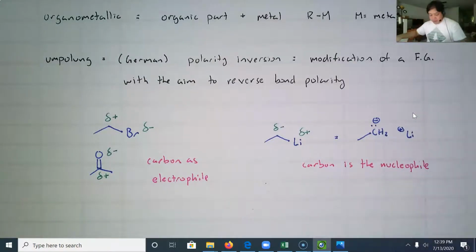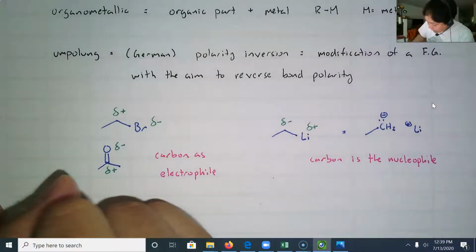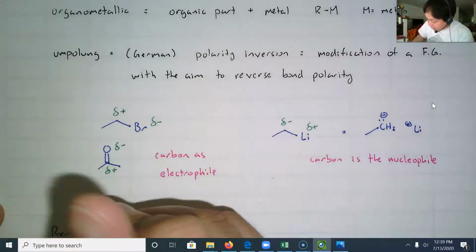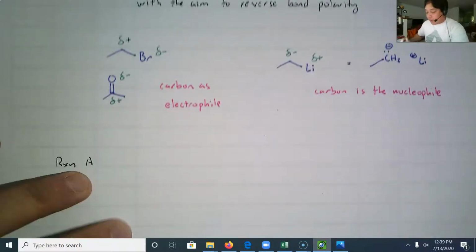Okay. All right, so let's get to our first reaction, which is the synthesis of a Grignard. And actually, we're going to put both the synthesis of a Grignard. Let me double check. Yeah, synthesis of an organometallic.